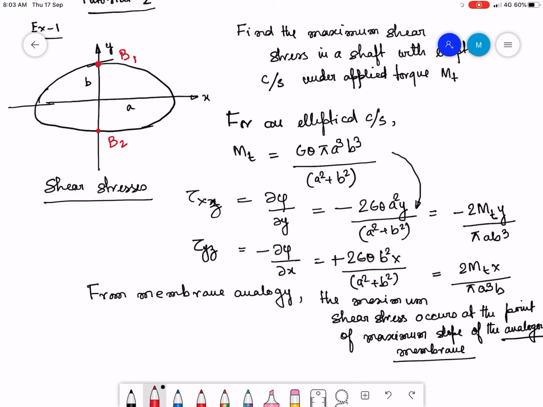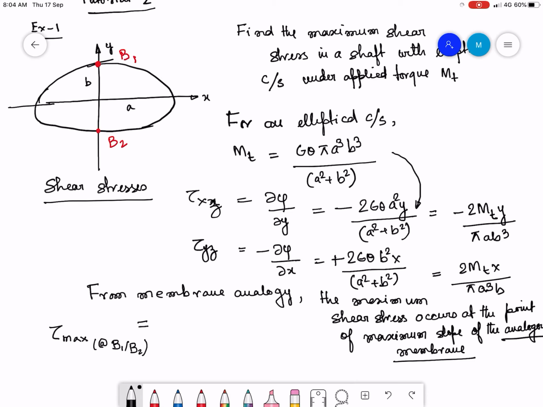If we know the location of maximum shear stress, then it is very easy to find out the expression of maximum shear stress. Therefore, tau max is going to happen at B. At B, tau yz is equal to 0.